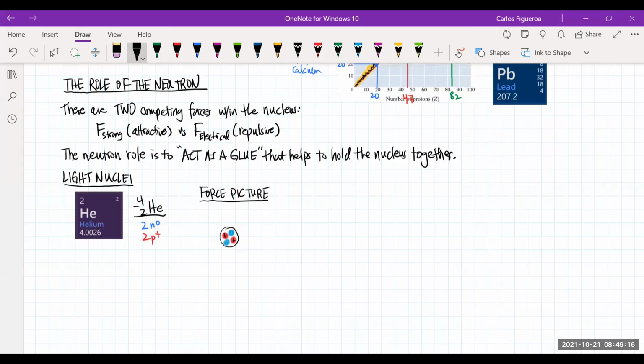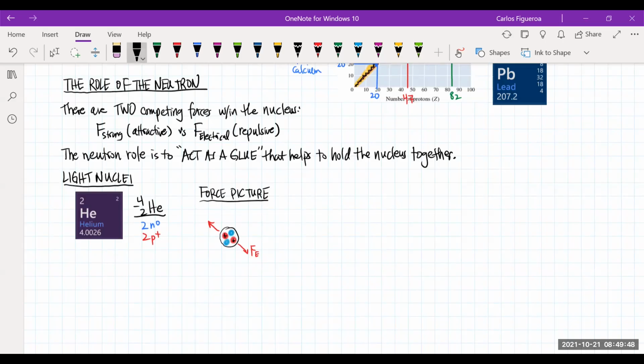And there's little electrical force here. Why? Because there's only 2 protons. So it turns out that the electrical force is not so big in this case. Why? There's few. So here's the electrical force. However, the strong force is a whole different ballgame because the strong force binds everything together.